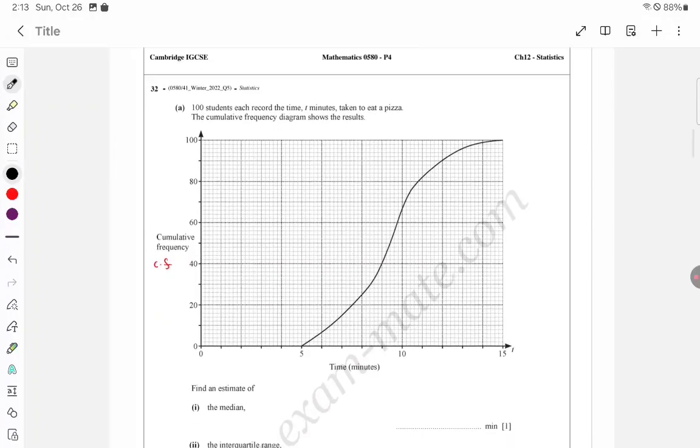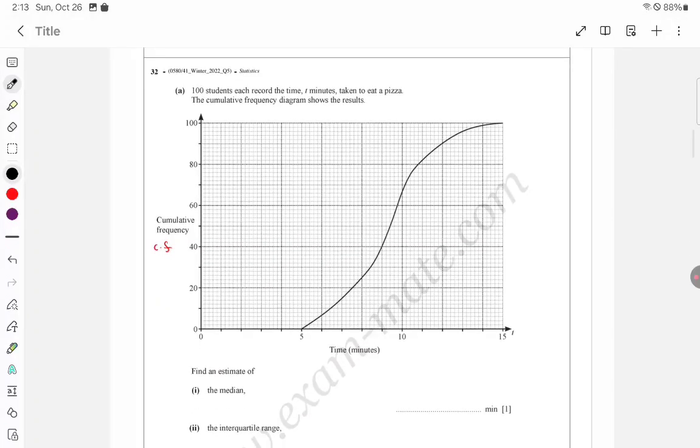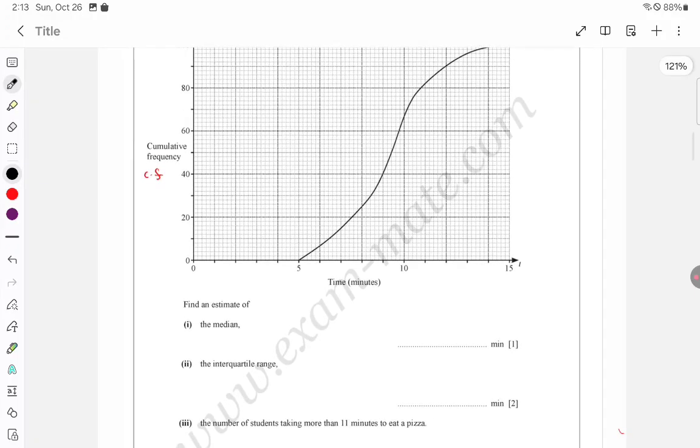Now in question 32, 100 students each record the time t taken to eat pizza. The cumulative frequency diagram shows this. Now this is the graph given of time and cumulative frequency. What we can do, first find an estimate of the median.